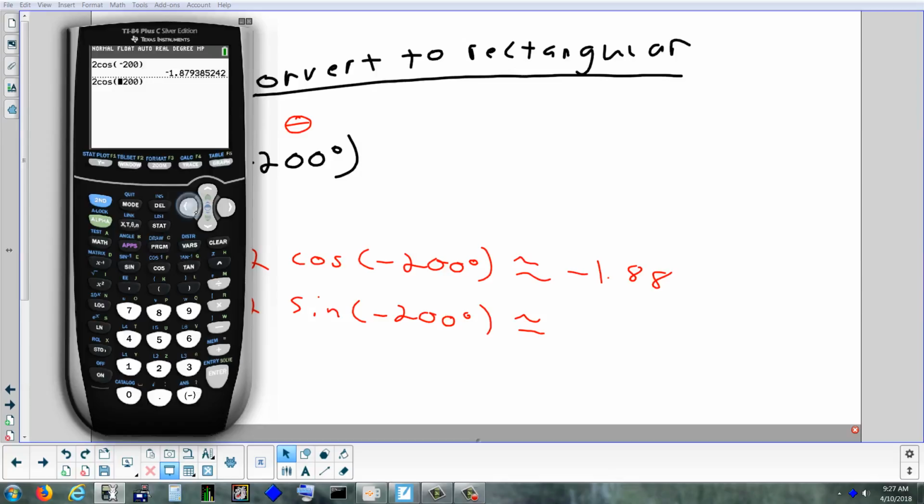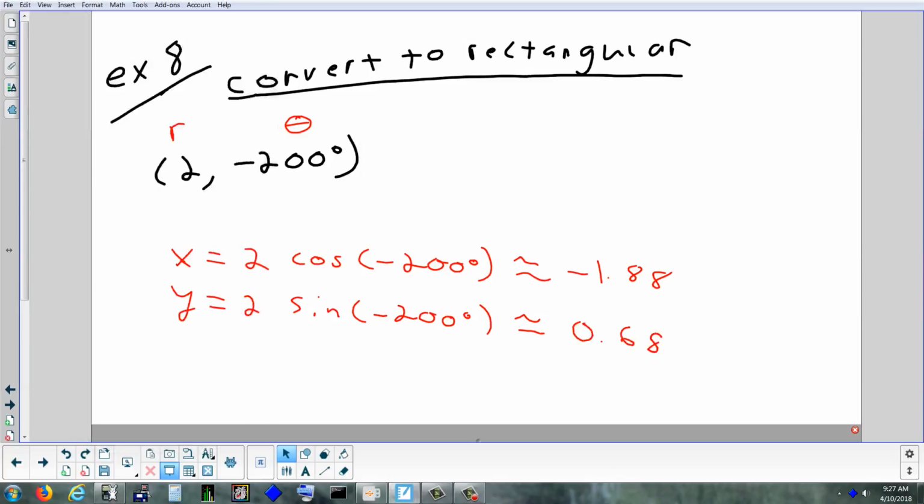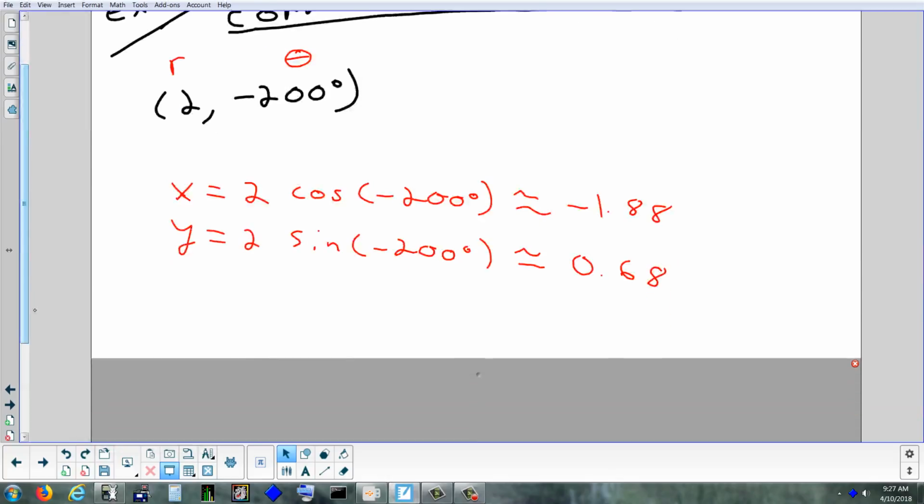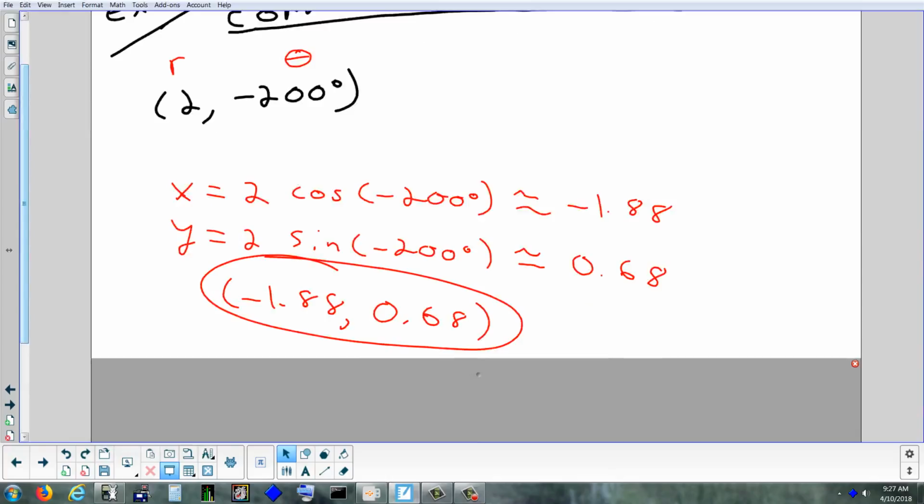And then 2 sine negative 200 is 0.68. So, converting that point from polar, x is negative 1.88, and y is 0.68. Any questions on that?